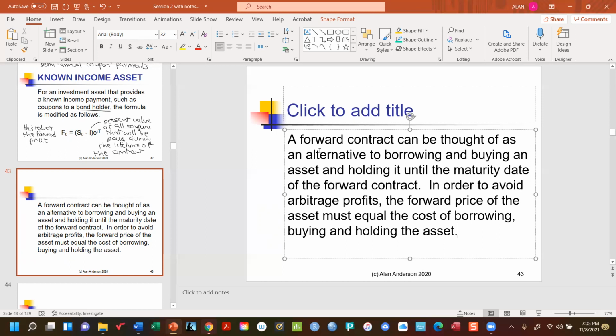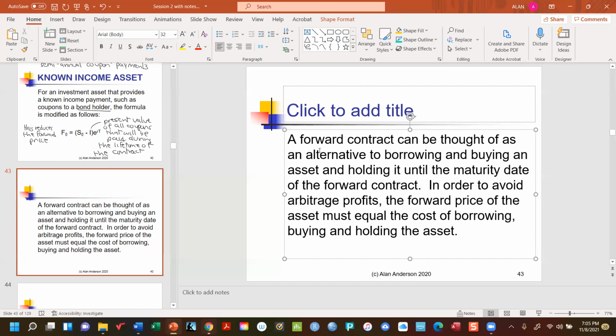The forward price simply reflects the cost of borrowing money, buying and holding the asset. Does that make sense? It's just an alternative. It has to cost the same, otherwise there would be an arbitrage opportunity.